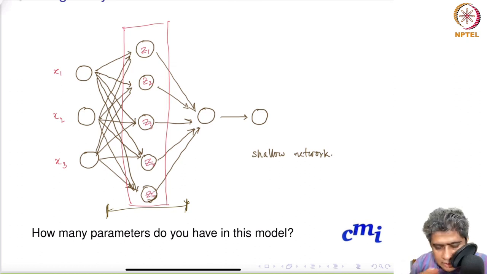Let us consider there is no intercept. So for each node you have 3 parameters. So over 5 nodes you have 5 times 3, 15, plus here you have 1, 2, 3, 4, 5, so plus 5. So 20 parameters you are modeling.